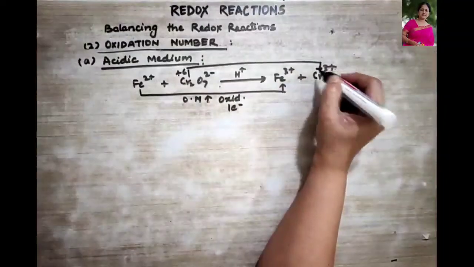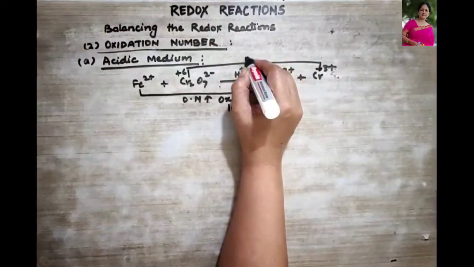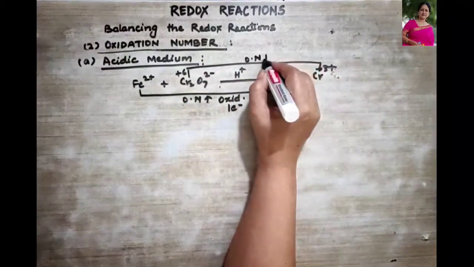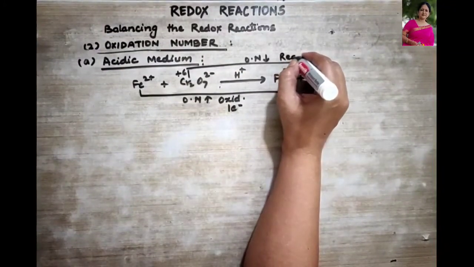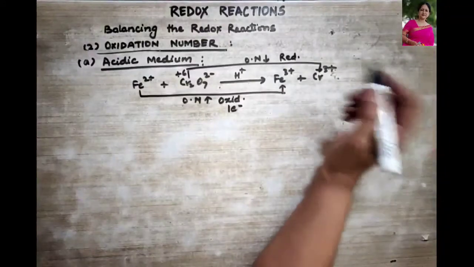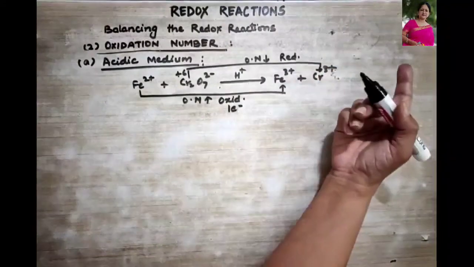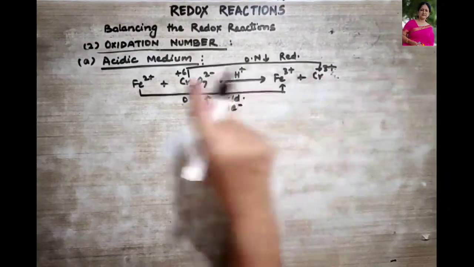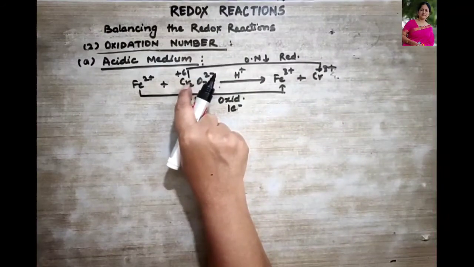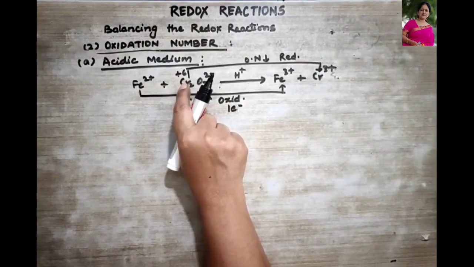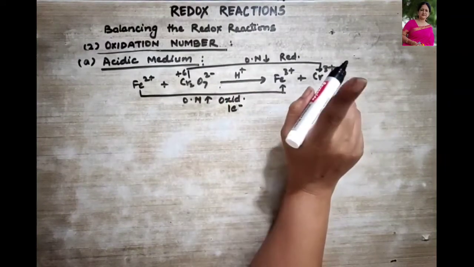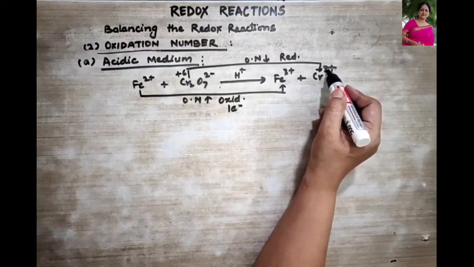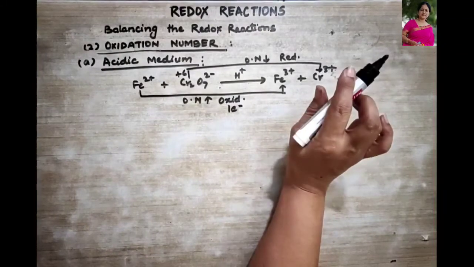What is happening over here? Oxidation number has decreased. If oxidation number has decreased, it means reduction took place over here. Reduction means addition of electrons is taking place. One atom of chromium of oxidation number +6 is getting converted to one atom of chromium with oxidation number +3.